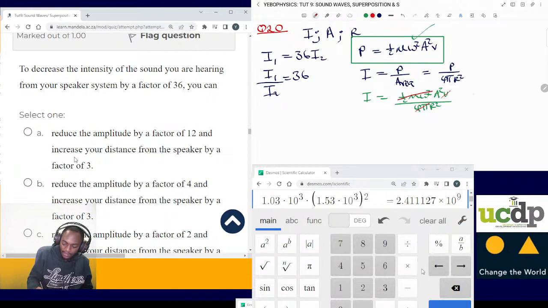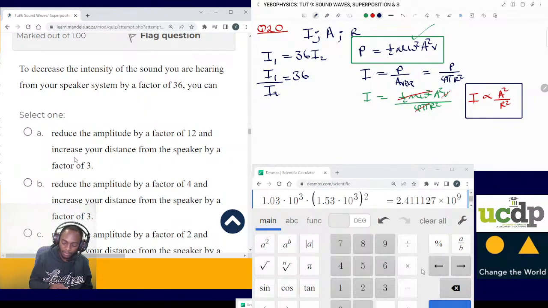Our intensity is directly proportional to the square of the amplitude and inversely proportional to the square of the distance of separation.